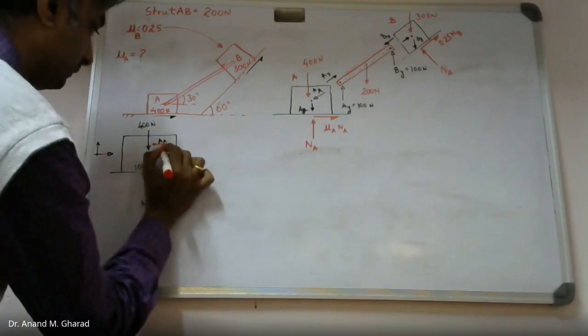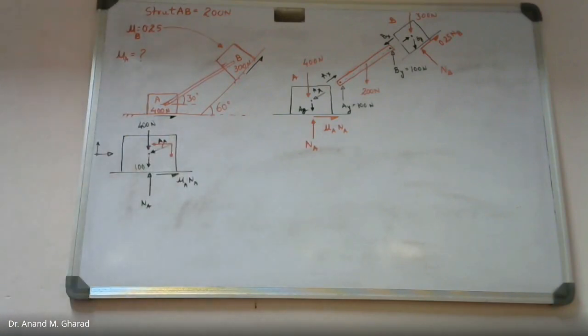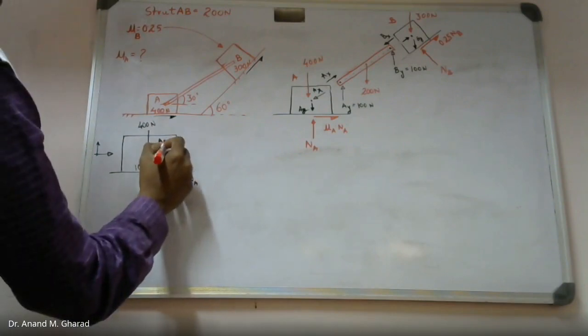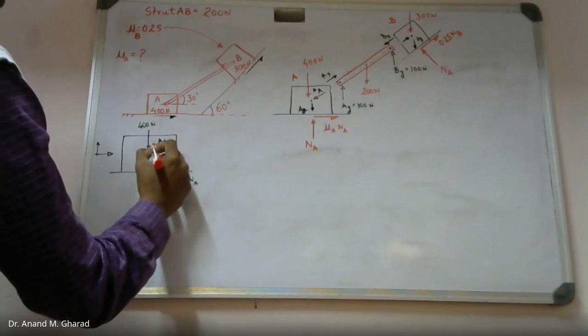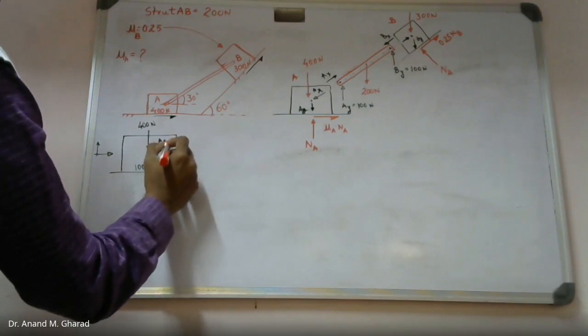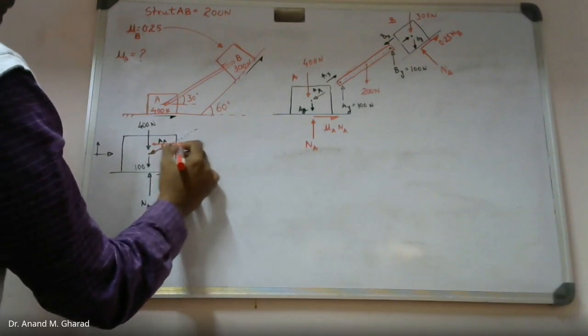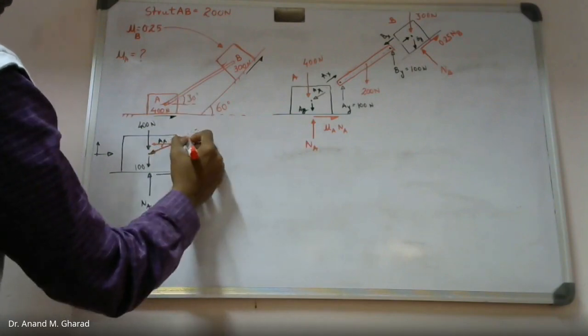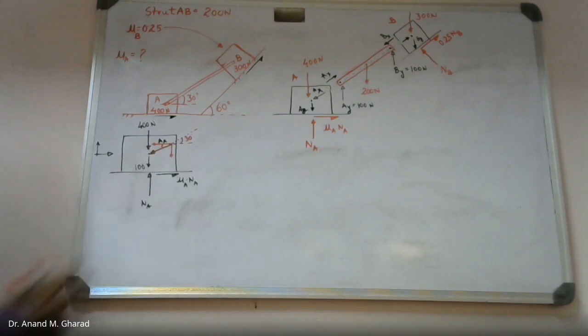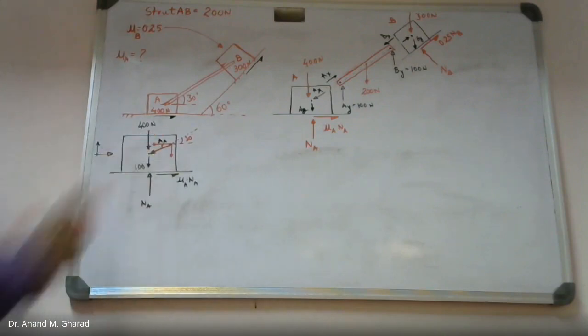What will be this angle? This angle. If this is Ax, if I extend this, okay. So from here it is 30 degree. Therefore, this will again be 30 degree, isn't it?